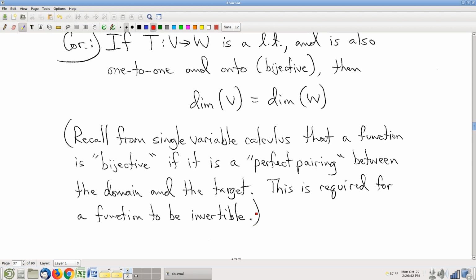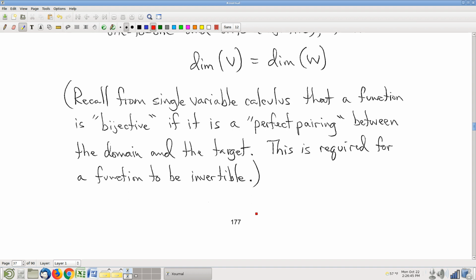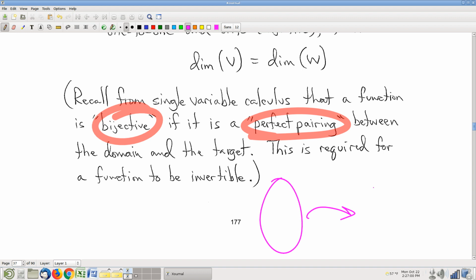For a function to be invertible, it has to be what we call bijective, which is a word they don't use very much in Calc 1. But all that bijective means is what I like to call a perfect pairing. So I'm going to draw you a quick diagram. A perfect pairing from one set to another set.